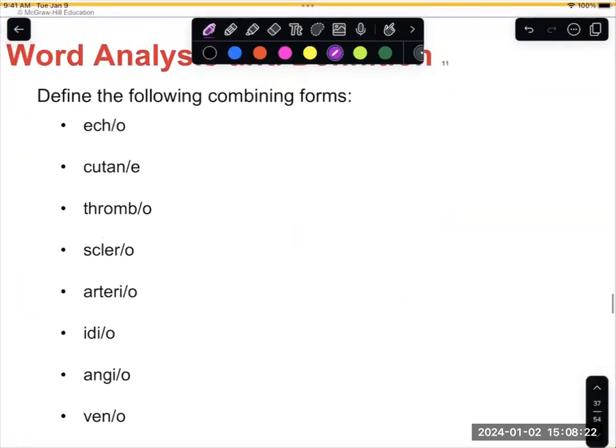So let's define these different terms here. Echo means sound. Cutaneous means skin. Thrombo is blood clot. Sclero is hardness.